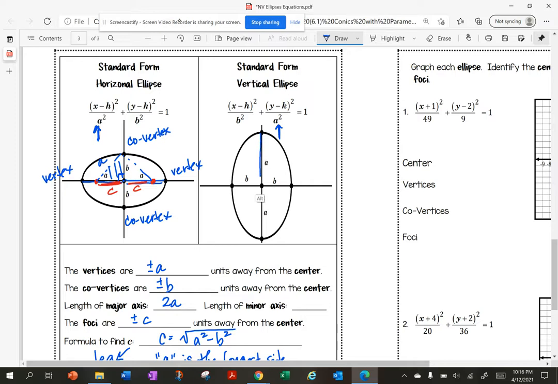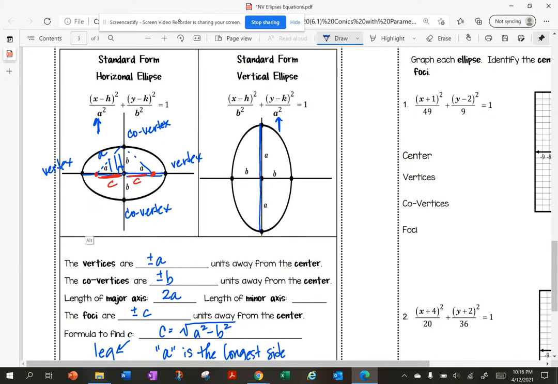Here is a, so I know the major axis is 2a, and the minor axis is 2b.